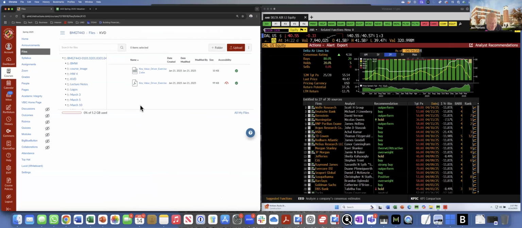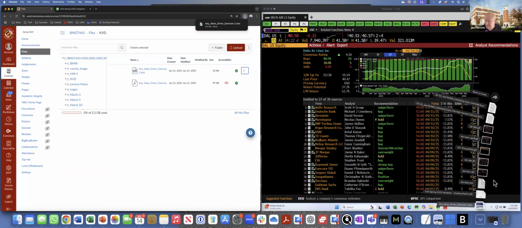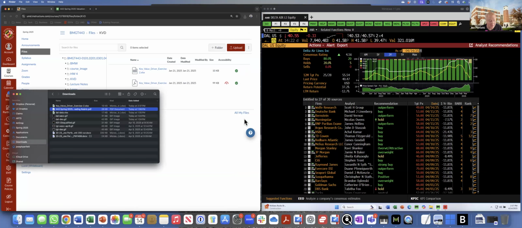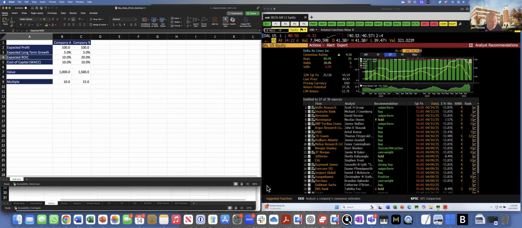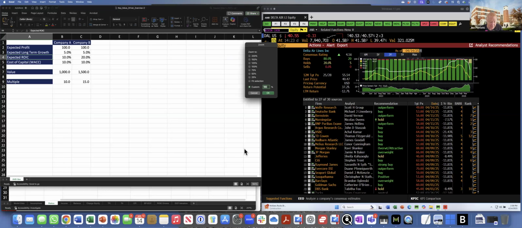We did a little bit of an exercise. I want to bring up that spreadsheet real quick. So we download that file. And if you're playing along, I would recommend you do the exact same thing. So this was the key value driver file that we did at the beginning of class.